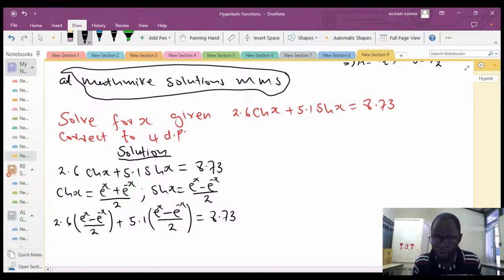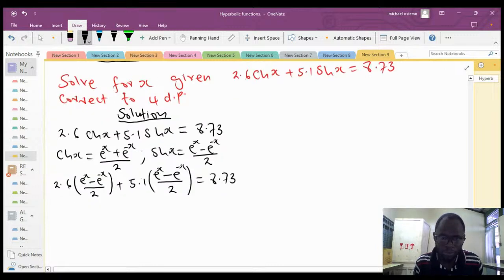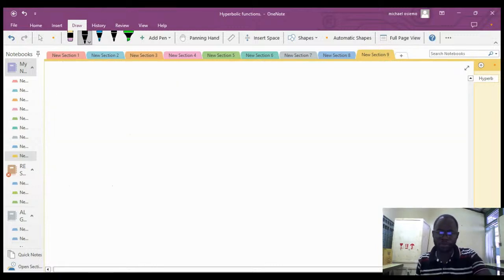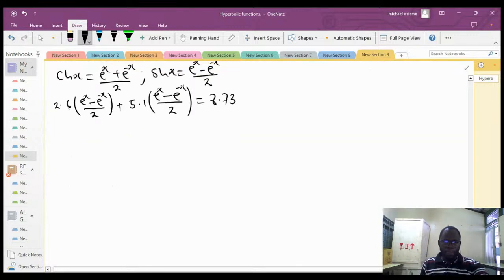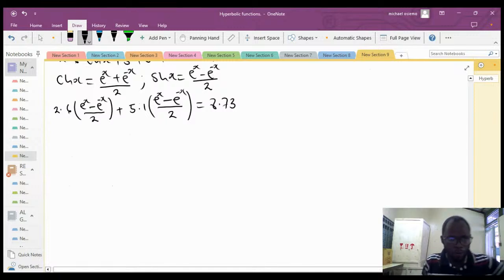So if you can drop down and see, from there you can open up the bracket or simplify.